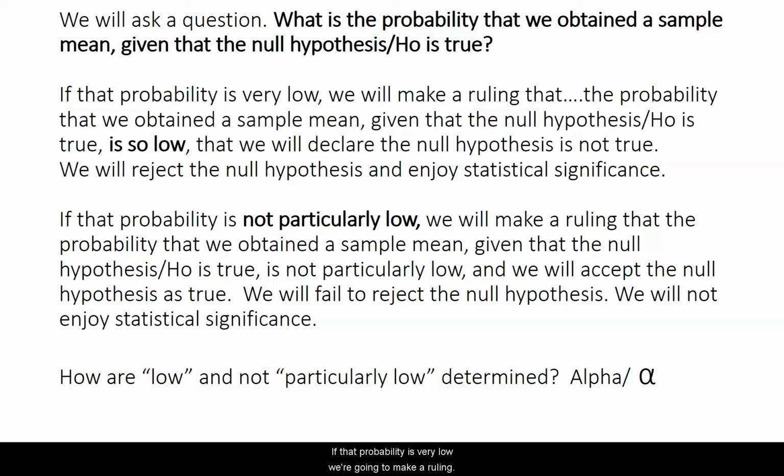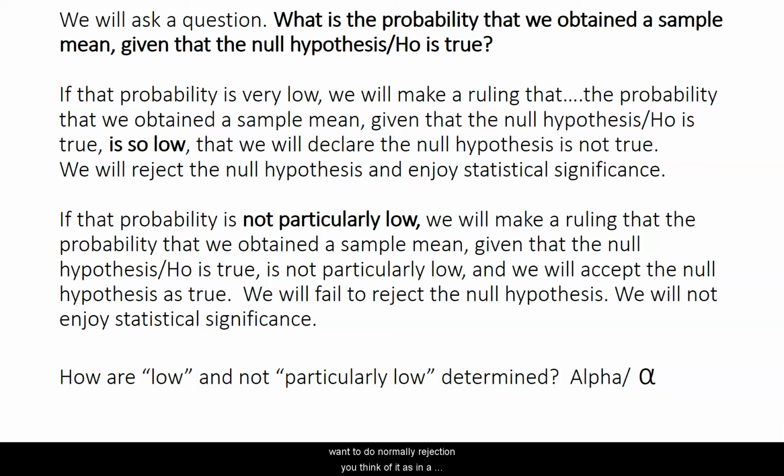If that probability is very low, we're going to make a ruling. And the ruling is the probability that we obtained a sample mean, given that the null hypothesis is true, is so low that we'll declare that the null hypothesis is not true. We're going to reject the null hypothesis, which is what we want to do, and enjoy statistical significance. That's what we want to do.